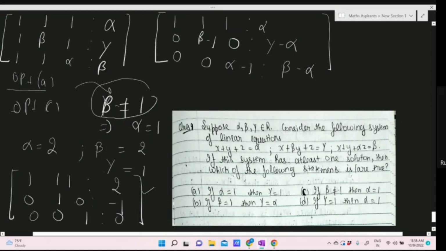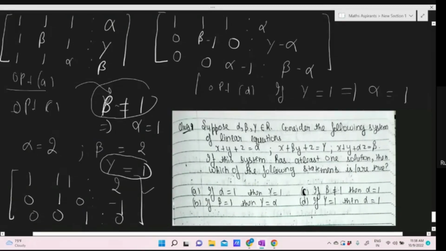Now, option number D says that if gamma is equal to 1, then this will imply alpha is equal to 1. From the same example, you can take gamma is equal to 1, alpha is equal to 2, and beta is equal to 2. This will reduce to this system.